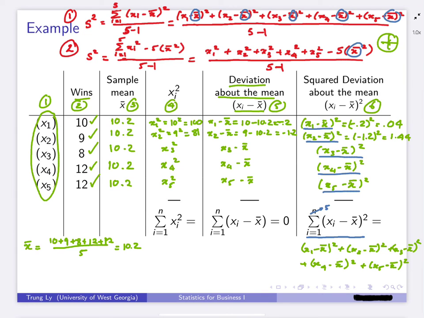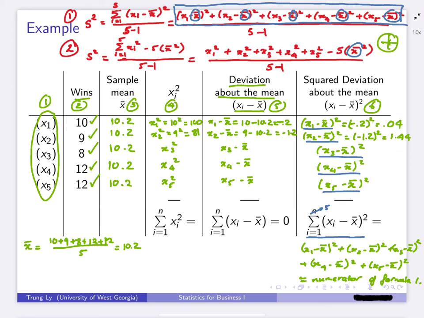But what is this sum? If you look at the first formula up here, that sum is the numerator, right? So this is going to be the numerator of formula 1.